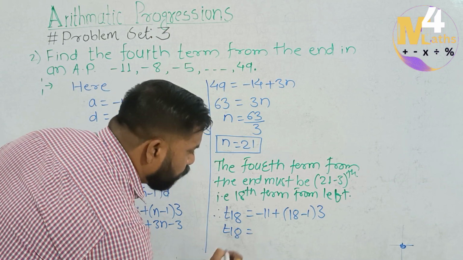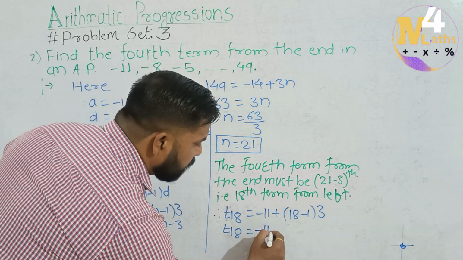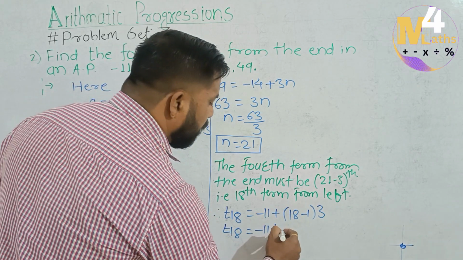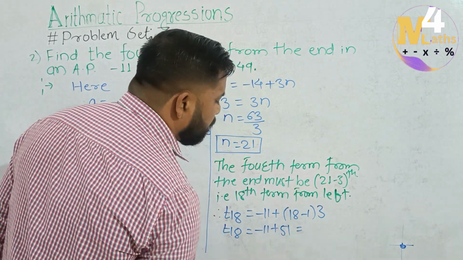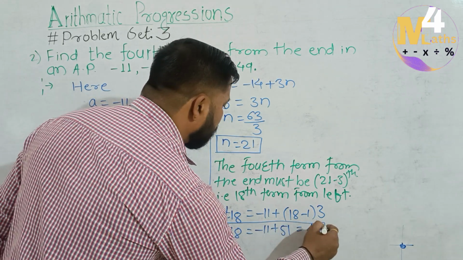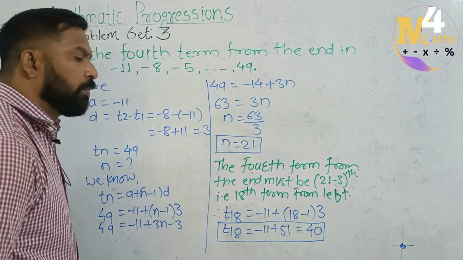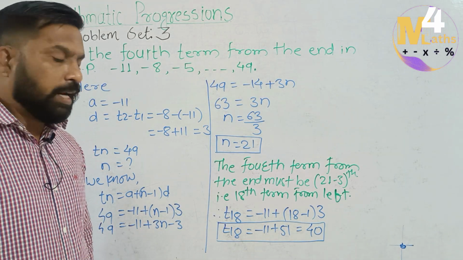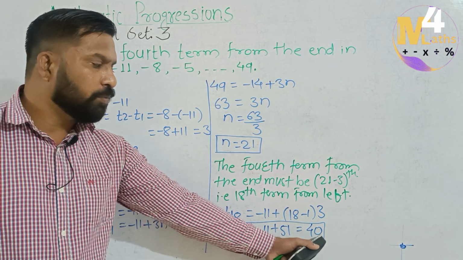T18 is equal to minus 11 as it is, plus 18 minus 1, 17, 3s are 51, and their subtraction is equal to 40. So what is the fourth term from the right end? From the right end, the fourth term is 40.